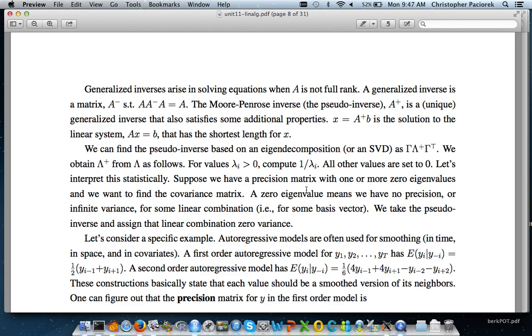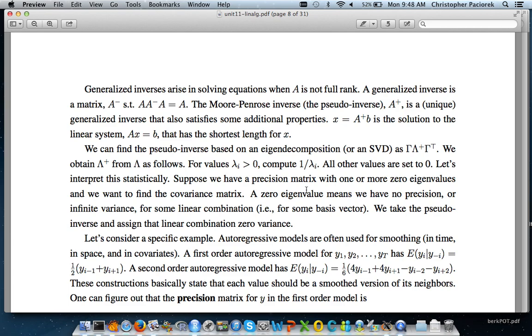Okay, but the problem is if I now have some of these elements being zeros, so my matrix is lambda 1 up through lambda n, I now try and go through my recipe here and invert elements here. If one of these is 0, all of a sudden I have a big problem. I try and do 1 over that, I'm going to get infinity, and I can no longer do my calculations.